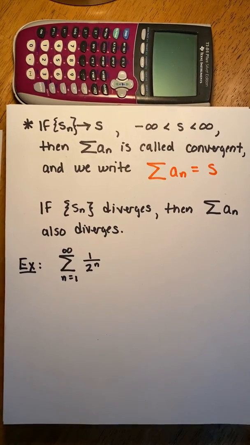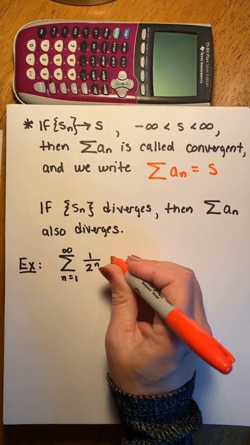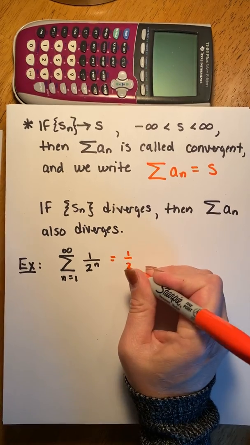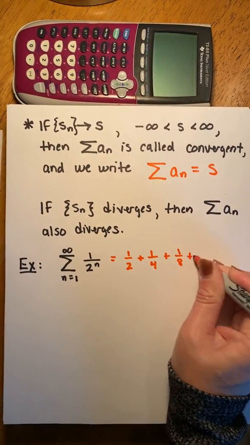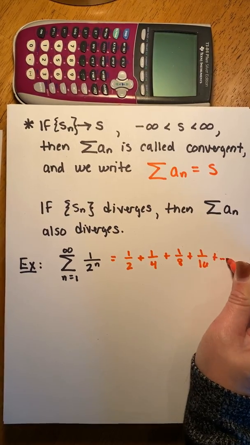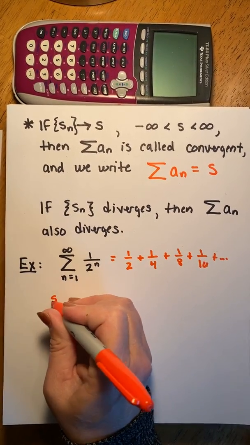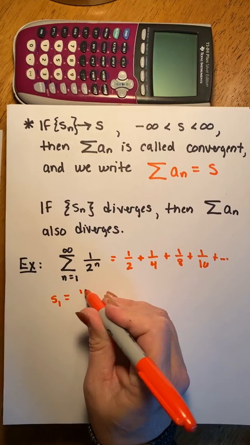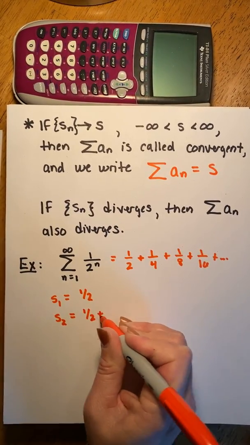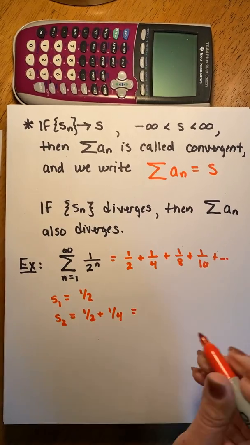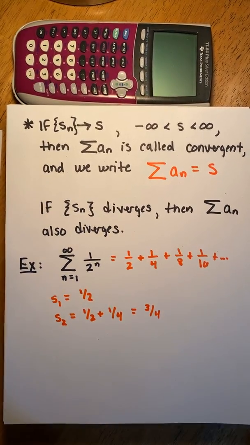So for example, if n is 1, we're at 1/2 plus 1/4 plus 1/8 plus 1/16 forever. The first partial sum would be just the first term. The second partial sum would be the first term plus the second term, and if we do that math, we get 3/4.